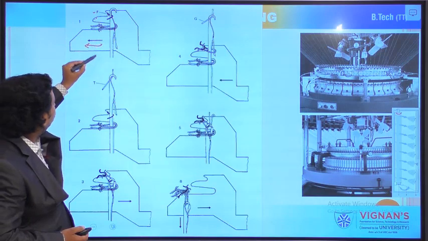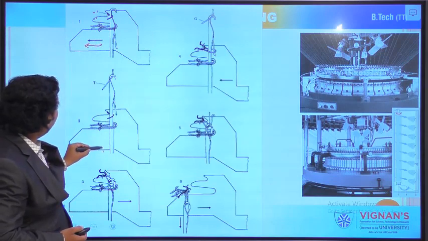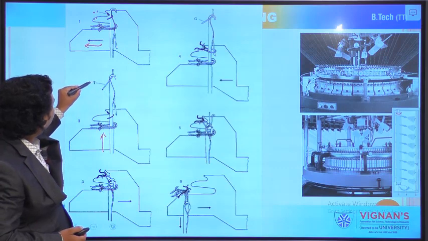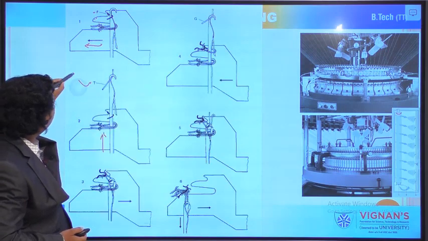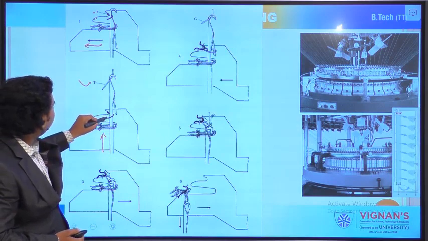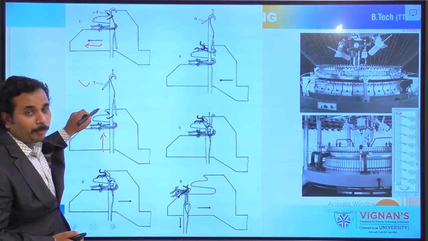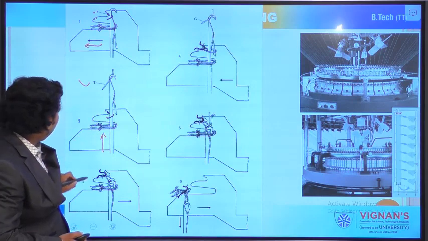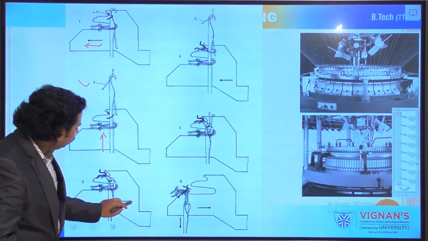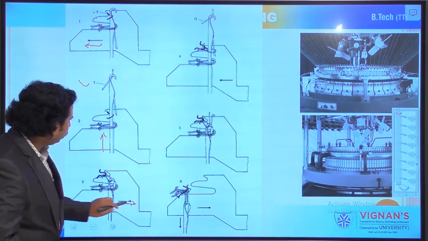After holding, the needle is rising up. After the needle rises, we feed the tie-in yarn to the needle, and the fleecy yarn is on the upper throat of the sinker. Then in the third image, the sinker moves in the backward direction.